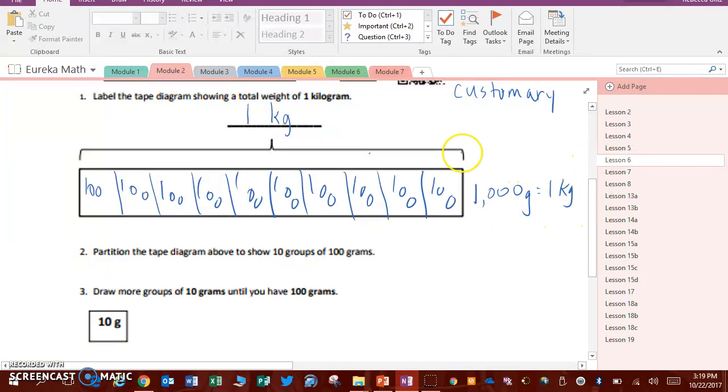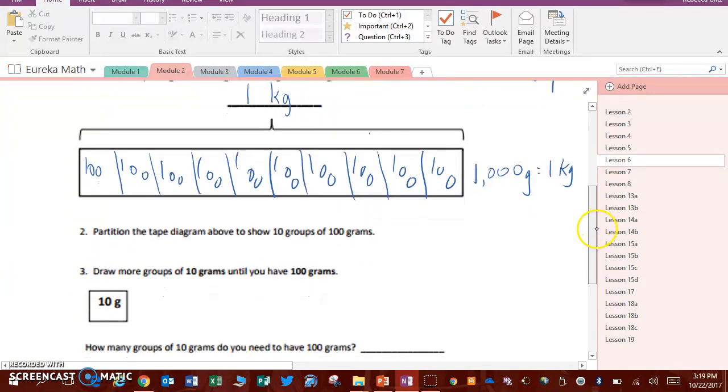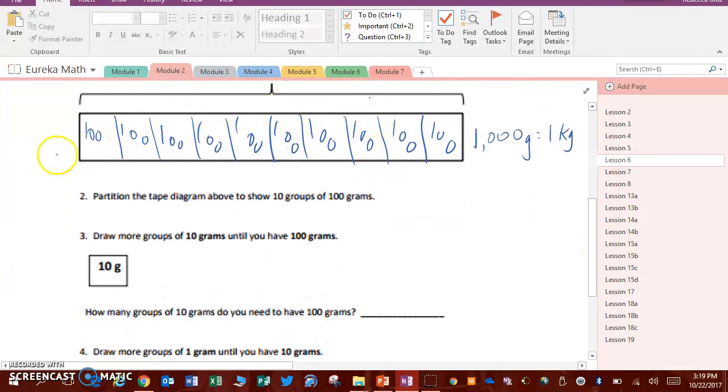And that's an important relationship to memorize. 1,000 grams equals 1 kilogram. Okay? That's all we need to do for number 1 and 2. And again, that's something you need to memorize, how 1 kilogram is broken into 10 groups of 100 grams.